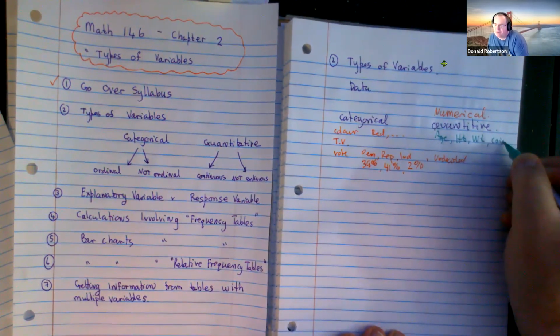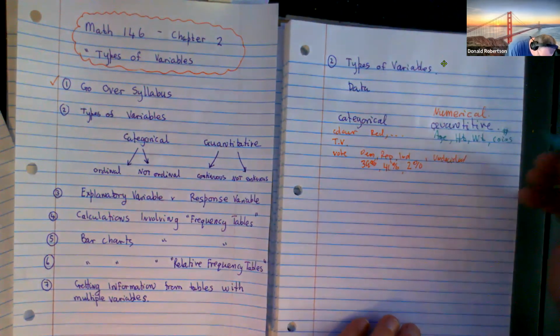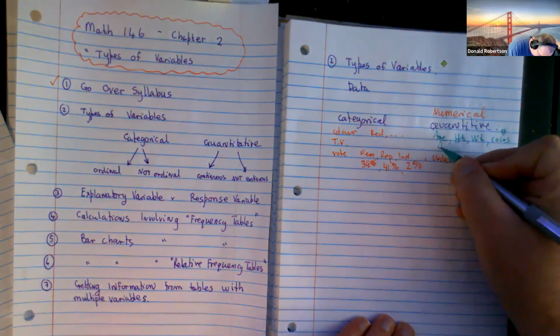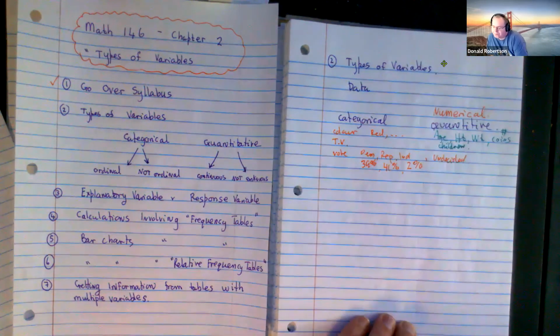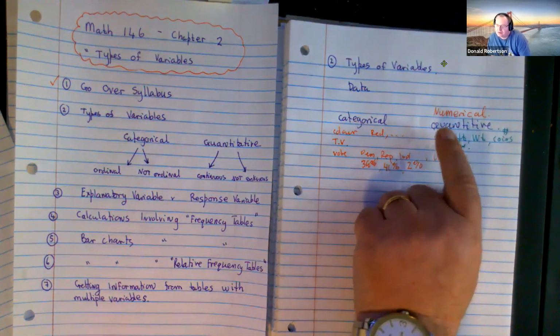The answer might be 0, which it is in my case because I don't have any coins in my pocket, but it could be 20 or any other number. I could ask you how many children you've got. It might be none, might be 10.